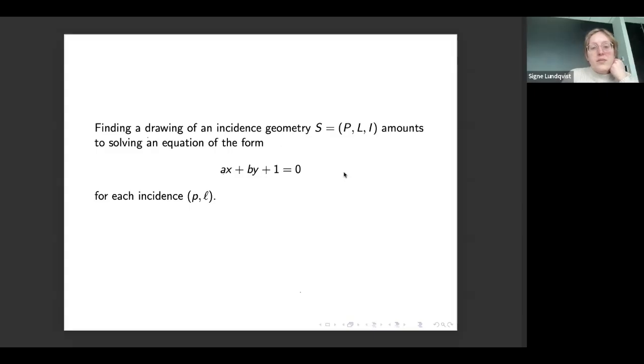Okay, you can also just make no assumptions on the points and lines in the drawing of an instance geometry. And if you make no a priori assumptions, then finding a drawing of an instance geometry just amounts to solving an equation of this form for each instance PL. And here A, X, B, and Y are all variables.